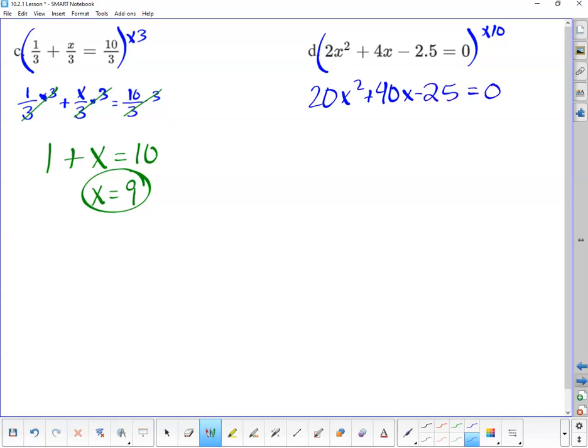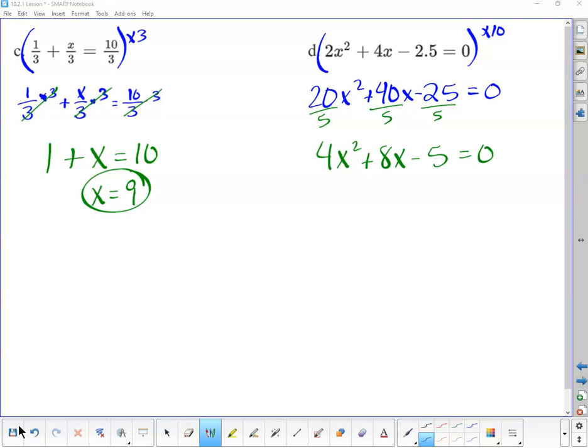Not a big deal. Now looking at this, we could probably take out another number. I'm going to guess that number would be 5, because 5 goes into 25, 40, and 20. So we're going to divide by 5, divide by 5, divide by 5. We now get 4x squared plus 8x minus 5 equals 0.